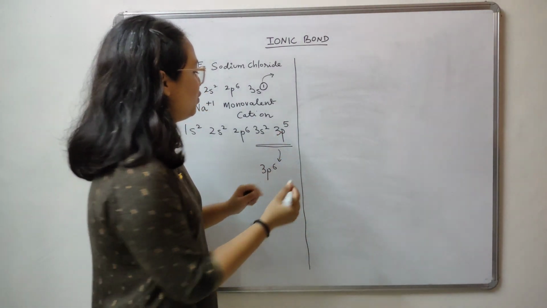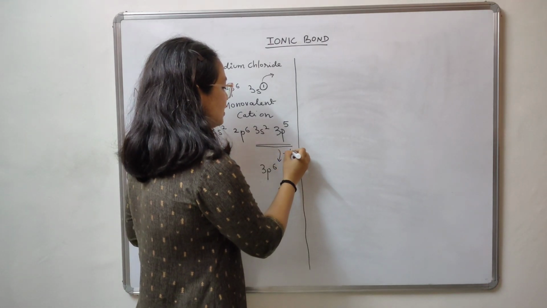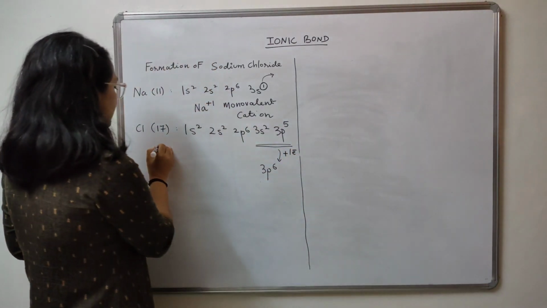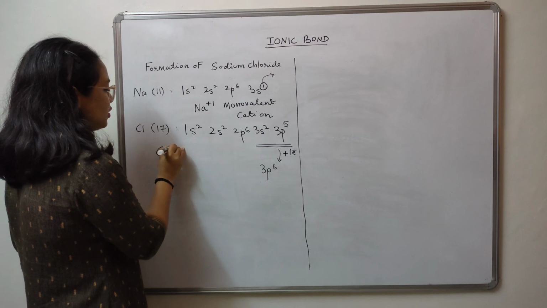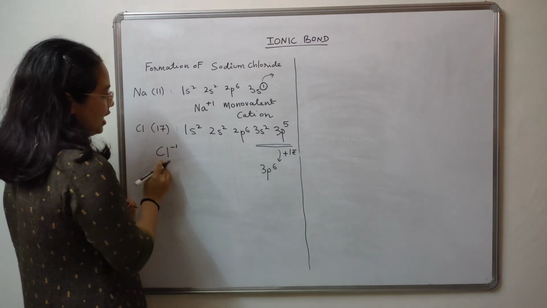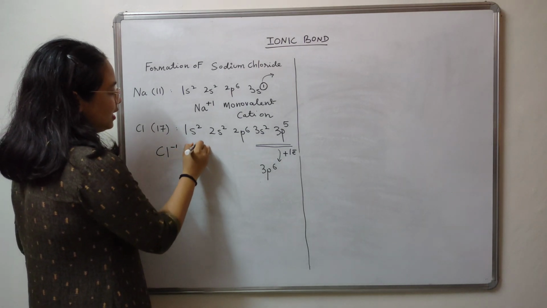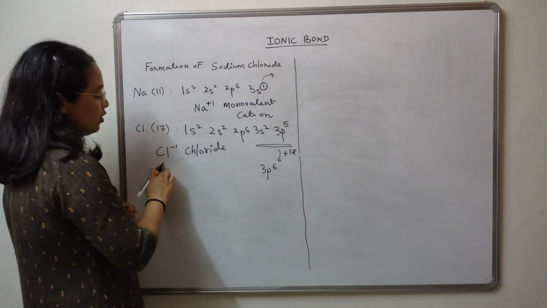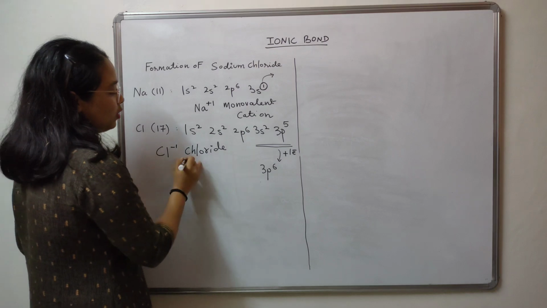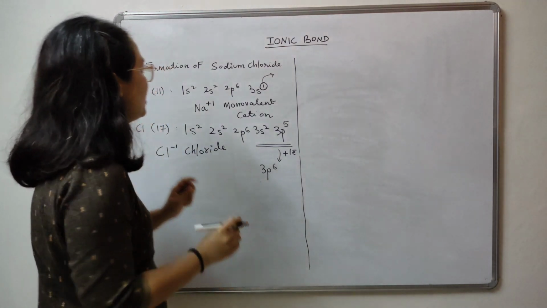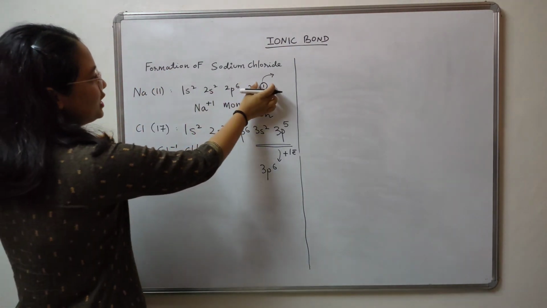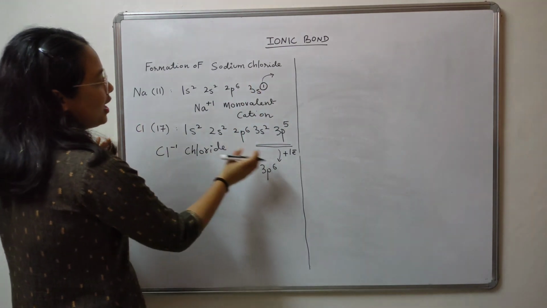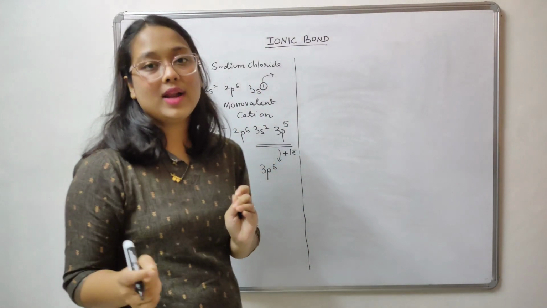Chlorine can accept 1 electron in order to become stable, and the charge developed on chlorine is going to be -1. When it is -1, we call it chloride. When an atom of chlorine gains 1 electron, we call it chloride. So sodium is losing 1 electron, while chlorine is accepting 1 electron.